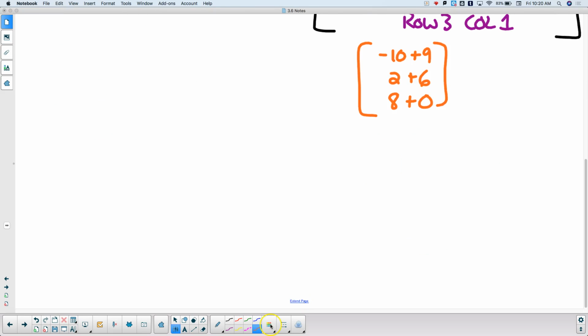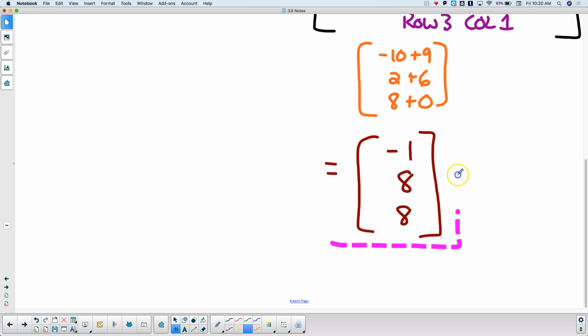So my resulting matrix is a 3 by 1, we already knew that: negative 1, 8, 8. Rows by columns. Rows of the left one times columns of the right one.